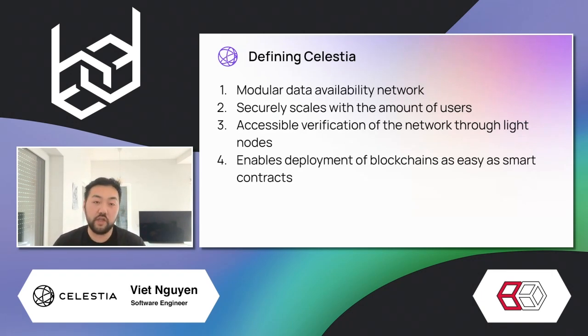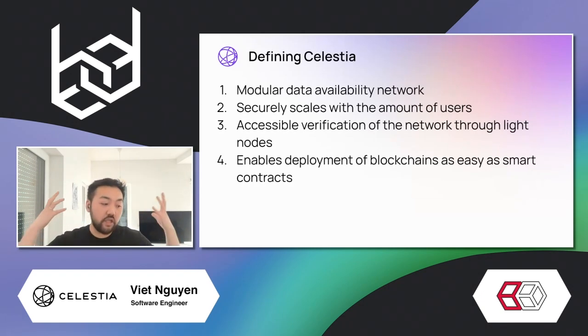The beauty of Celestia's data availability network is that it securely scales with the number of users. What I mean by this is that users of the Celestia blockchain are actually running light nodes, and they are doing verification using those light nodes to check if the data was actually published or made available.